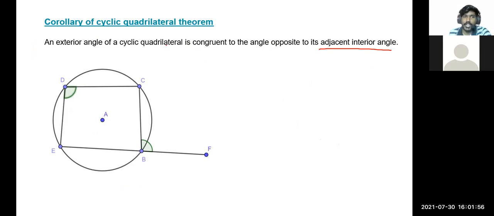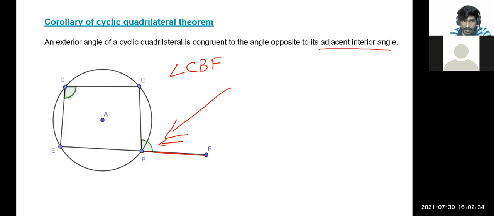So if you see the circle with center A and DCBE is a cyclic quadrilateral, and if I just extend BF, this angle CBF becomes the exterior angle. This corollary says that this exterior angle of a cyclic quadrilateral is congruent to the angle opposite to its adjacent interior angle.